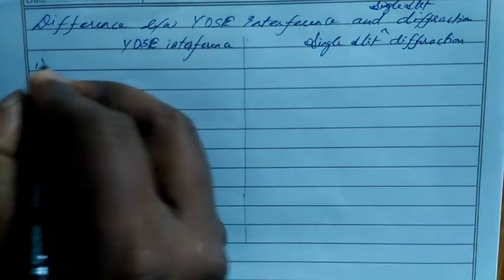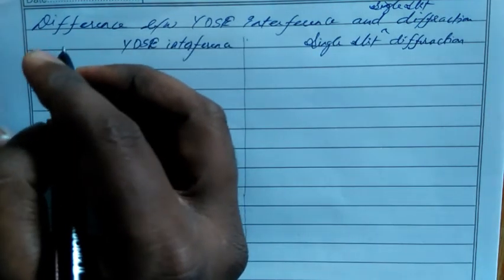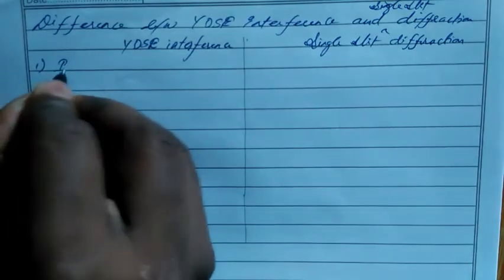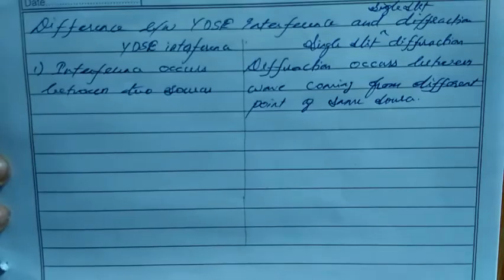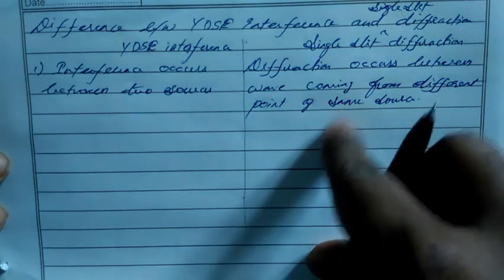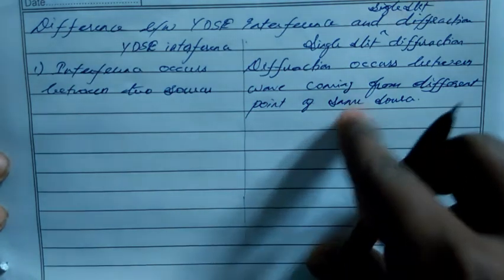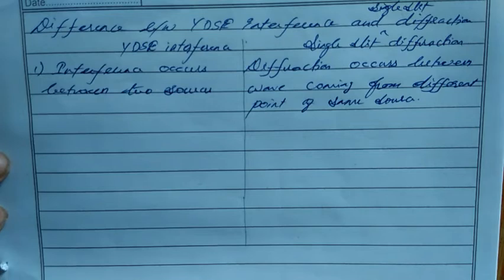So the first point: interference occurs between two sources, whereas diffraction occurs between waves coming from different points of the same source. In a secondary source we have different points, and each point produces a spherical wave. So diffraction occurs with those spherical waves.